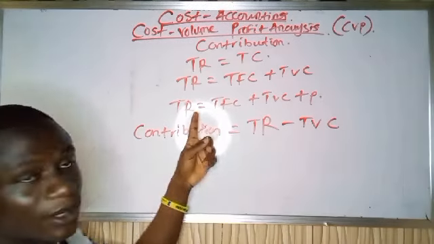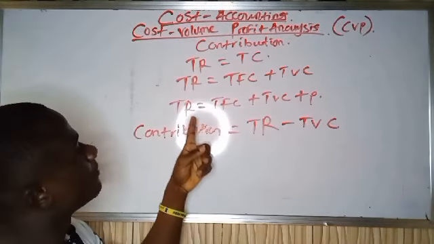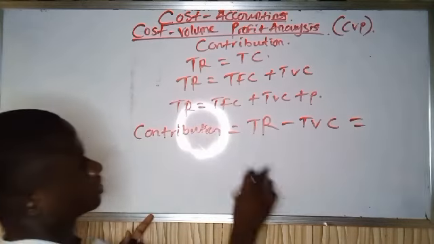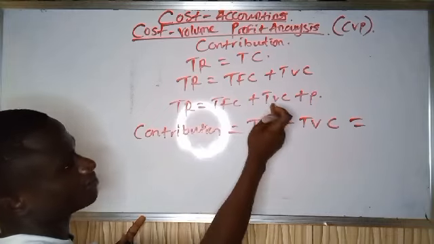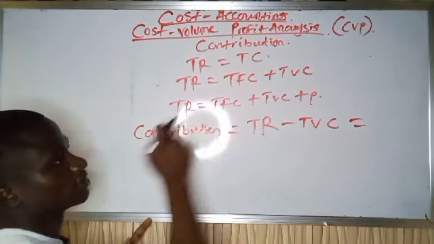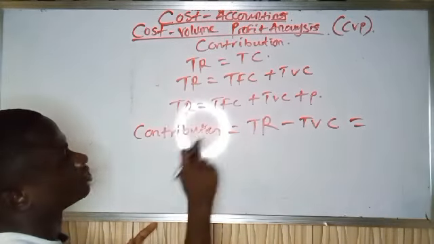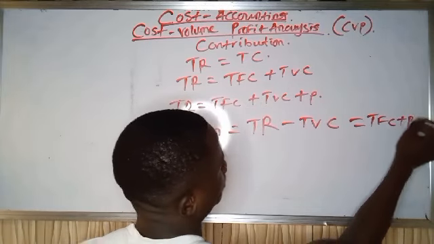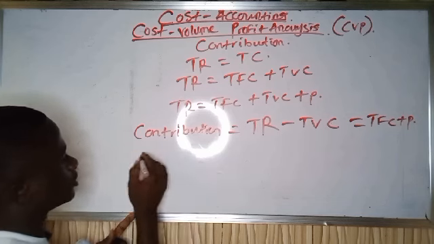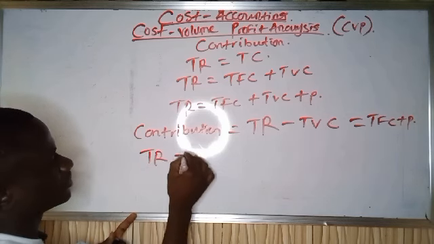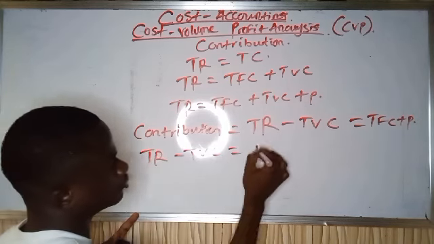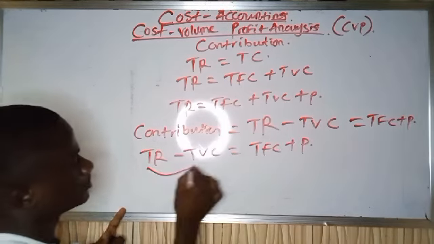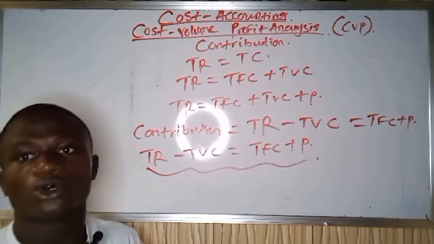Now, from the equation above, if I bring total variable cost to this side, it will be TR minus TVC equals TFC plus profit. So, in a nutshell, total revenue minus total variable cost is equal to TFC plus profit. This formula we have on the board is the formula for contribution.